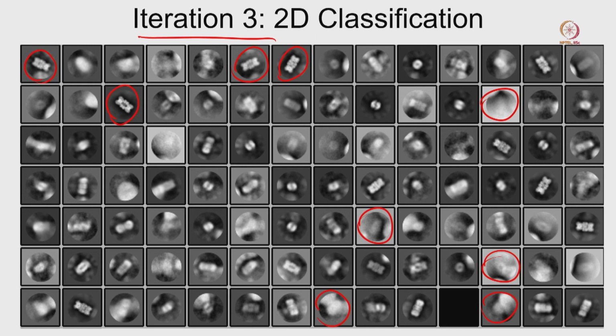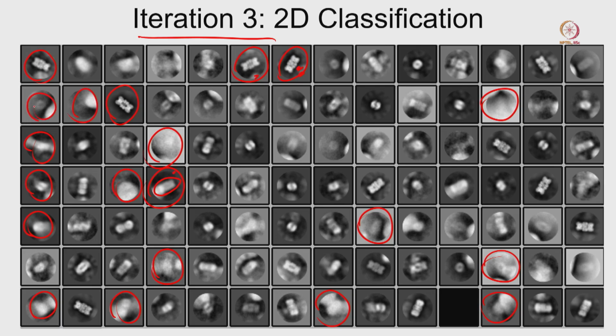So here you can see it pulled out something where nothing is visible. It may be our particle, but it is not as clean as this one or this one. After 2D classification we can tell it pulled out a lot of bad particles.